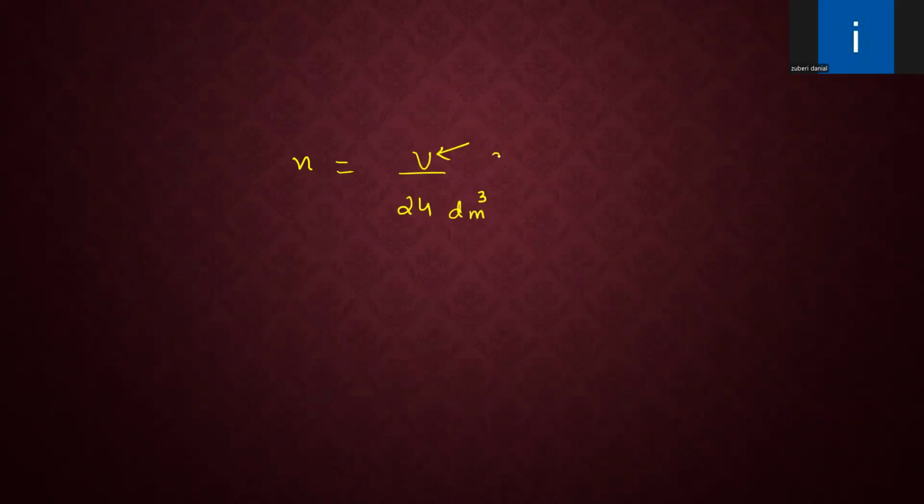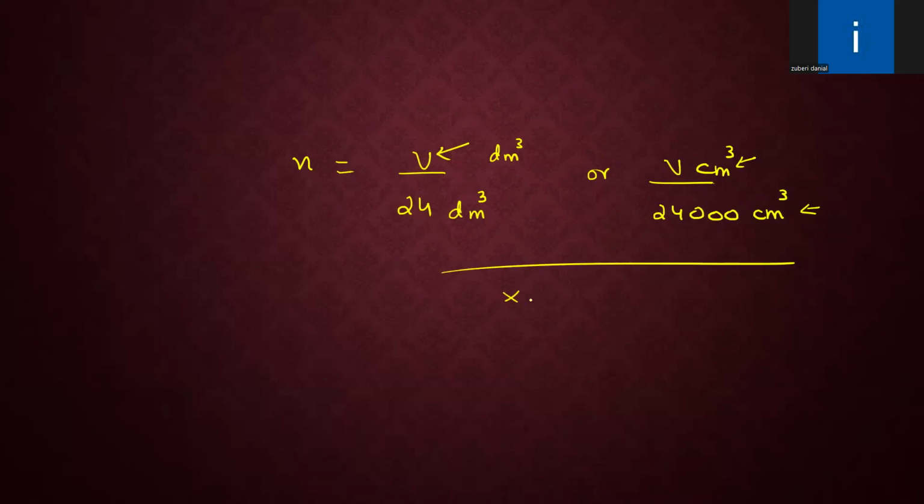That means in numerator, we also need liters, or else we can use this formula as well. So in either case, if it is cubic centimeter in denominator, it is cubic centimeter in numerator as well. So both of these units should always be same. What we actually can't do is, we can use something like this, but that's not allowed. That's a misfit. You cannot do this. You get this?